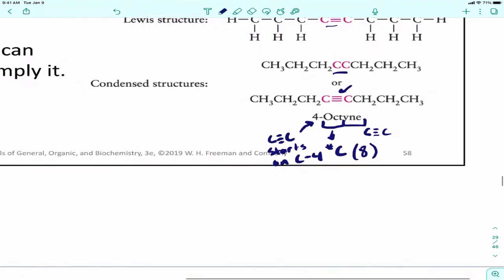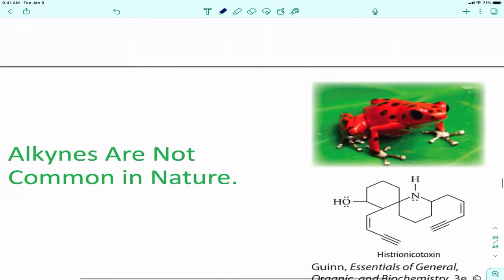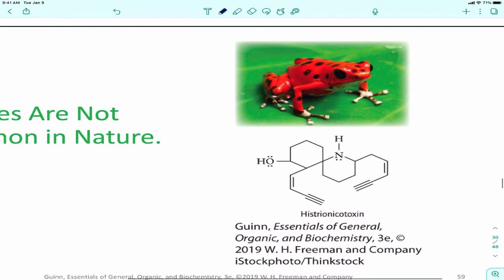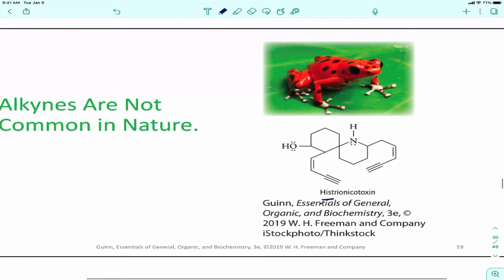Now, alkynes, even though we have the triple bond, are actually not very common in nature. One example of an alkyne compound in nature is this compound right here, histrionicotoxin. Wow, I cannot say it.